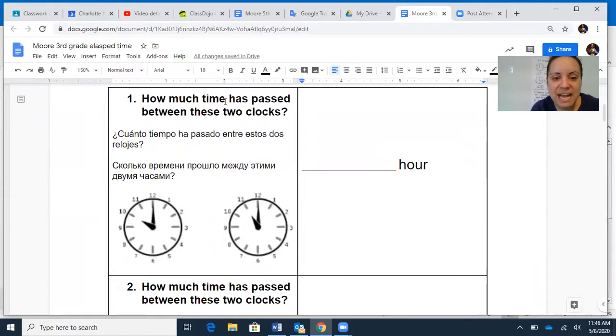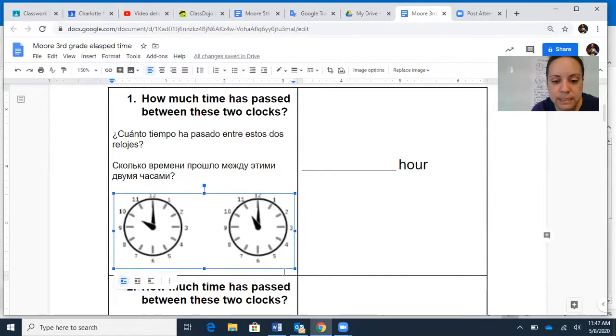So let's look at them. How much time has passed between these 2 clocks? So it starts with the hour hand on the 10 and the minute hand on the 12. Remember, when the minute hand is on the 12, we say o'clock. So this is 10 o'clock. And this one, the hour hand is pointing to the 11. So this is 11 o'clock.